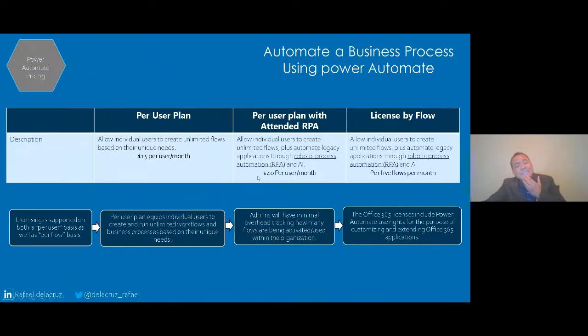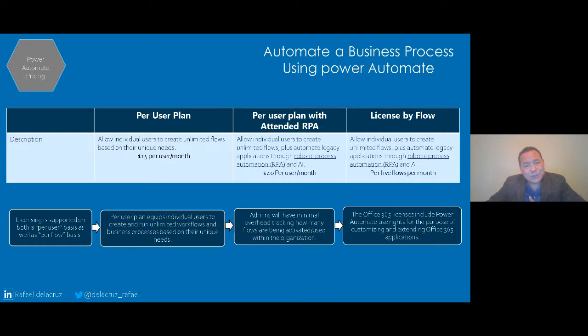About pricing, it is complicated. I would need one session just to talk about it, but I was able to gather this information. The per user plan allows individual users to create unlimited flows based on their unique needs, at $15 a month. I have access to Flow and Power Apps through my Office 365 account, so I pay $25 a month and have access to those tools.